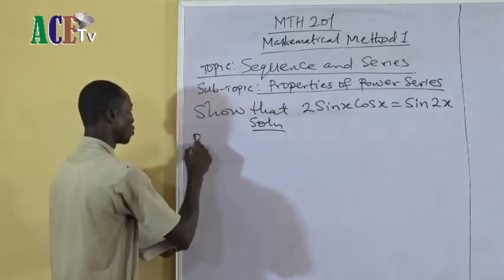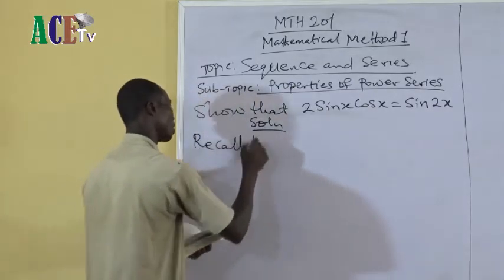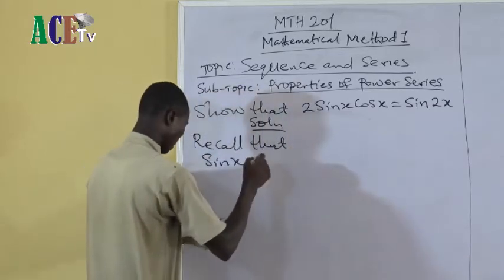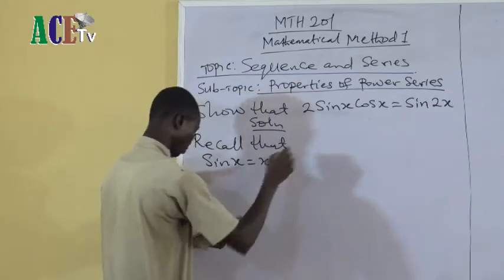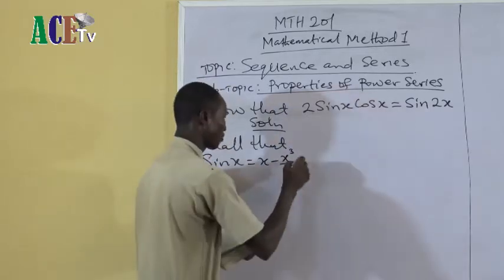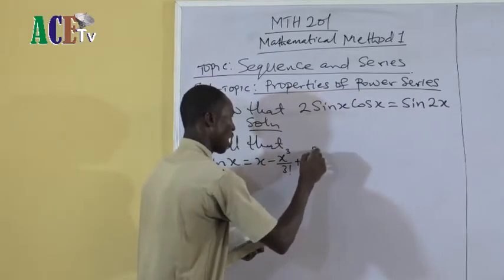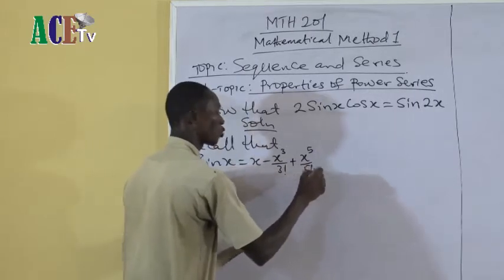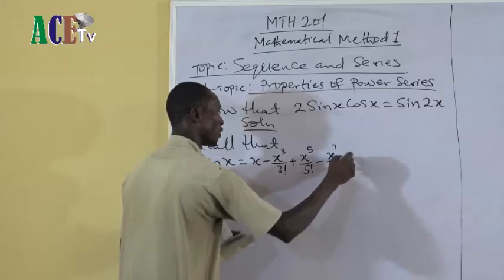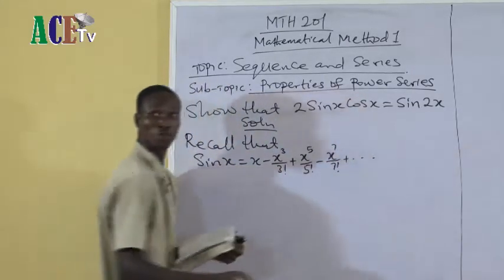Don't forget, we'll recall that sine x is equal to x minus x cubed over 3 factorial plus x raised to power 5 over 5 factorial minus x raised to power 7 over 7 factorial, and so on and so forth.